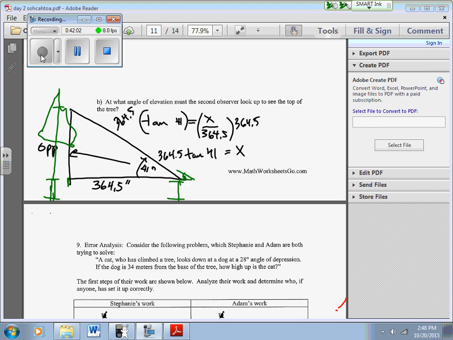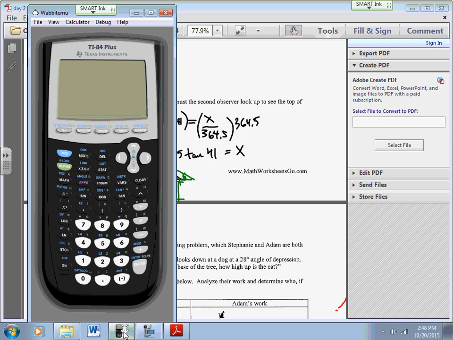Okay, so 364.5 times the tangent of 41. Did you guys get that number right there? 316.9 inches approximately.